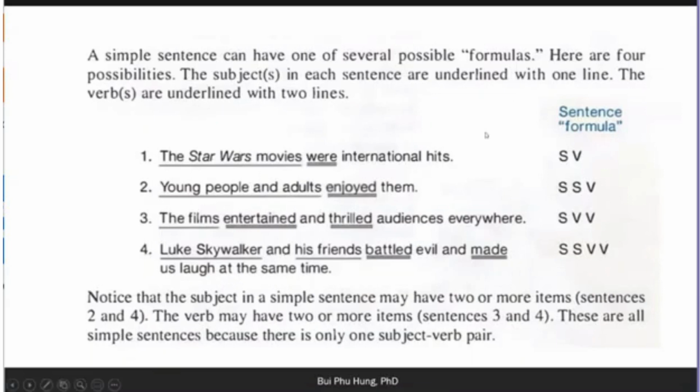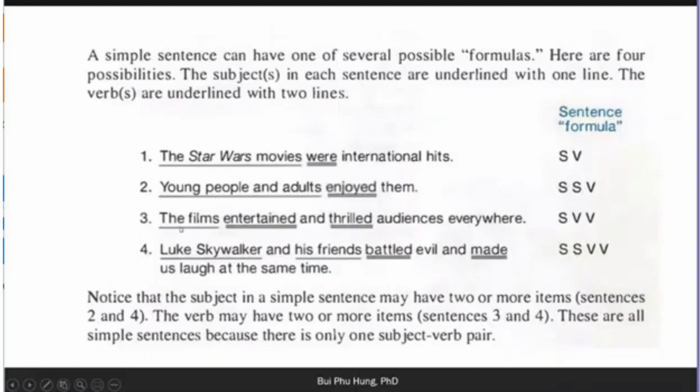Right. So sentence one: one subject and one verb. Sentence two: subjects, young people and adults, connected by and. Two subjects, one verb.